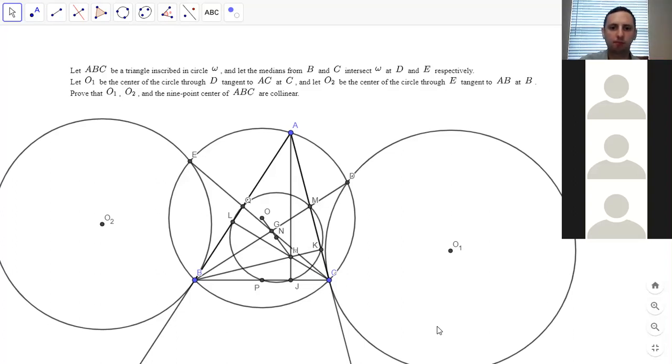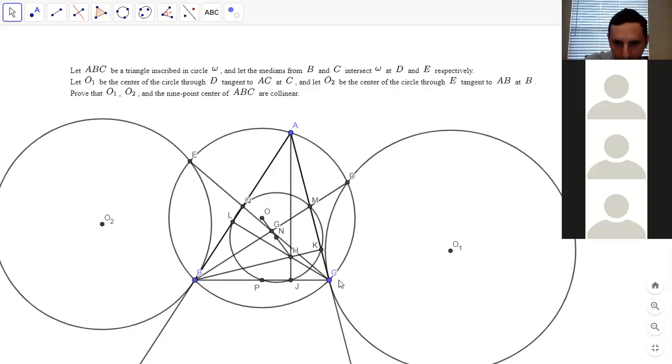It's interesting. So we know that O1C is perpendicular to AC.